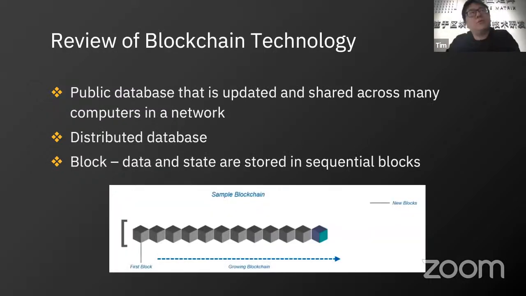Okay, let's do a quick review of the old-fashioned blockchain technology. Blockchain is best described as a public database that is uploaded and shared across many computers in the network. Block refers to the fact that data and state are stored in sequential batches, or blocks.